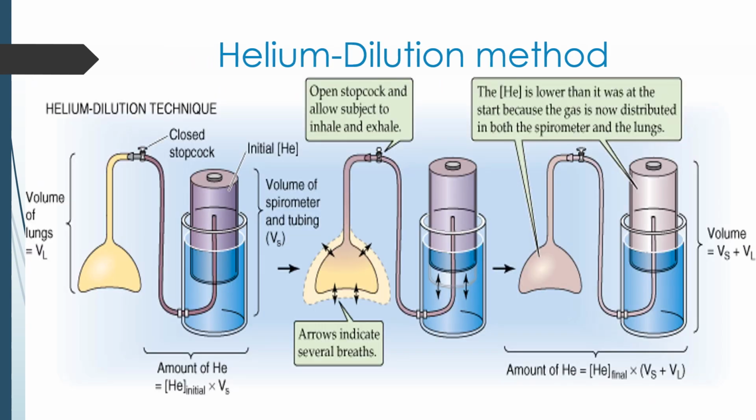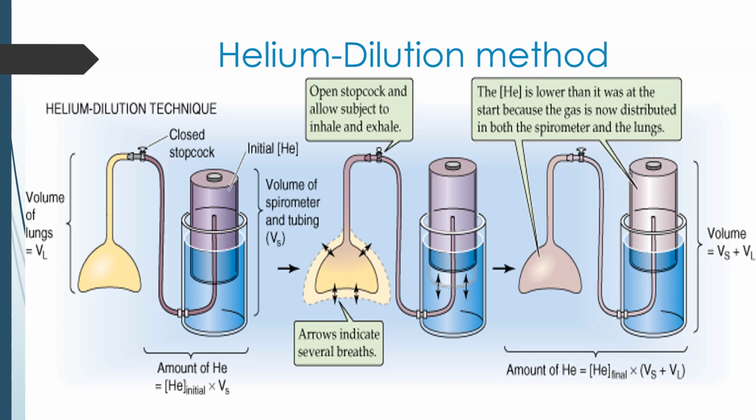Helium dilution method, to estimate the functional residual capacity. This is based on the principle that the amount of gas present is equal to its volume multiplied by its concentration, which is A equals V into C. A closed circuit system is prepared with a mixture of helium, oxygen and air.